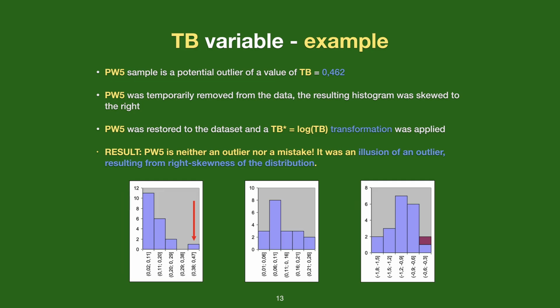The problem was the shape of the variable. So PW5 was restored, and a transformation TB* = log(TB) was applied. And the final conclusion was that PW5 is neither an outlier nor a mistake. It was only an illusion created by the skewed distribution, a classic case of statistical slander. The sample looked guilty, but the histogram cleared its name.